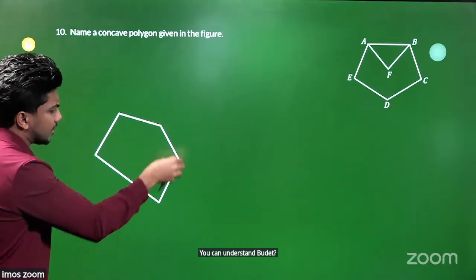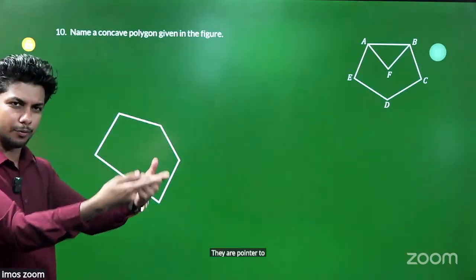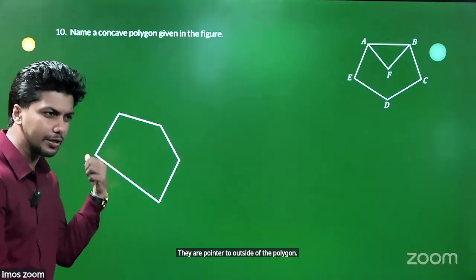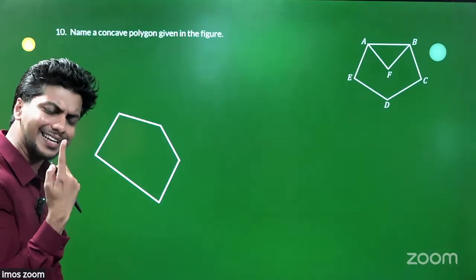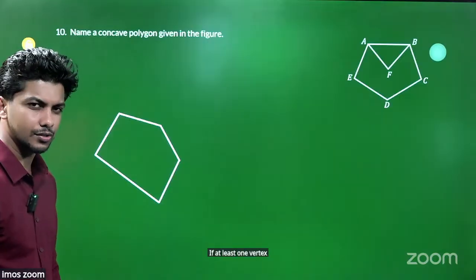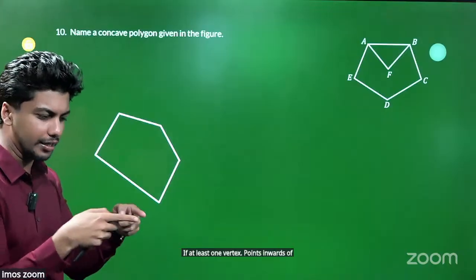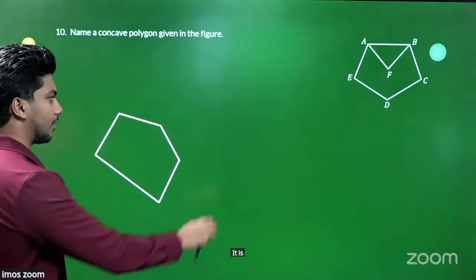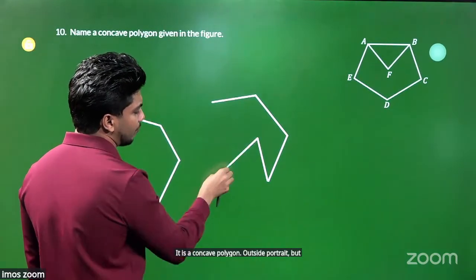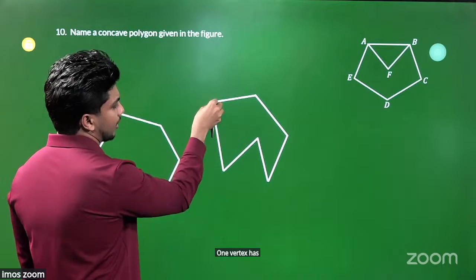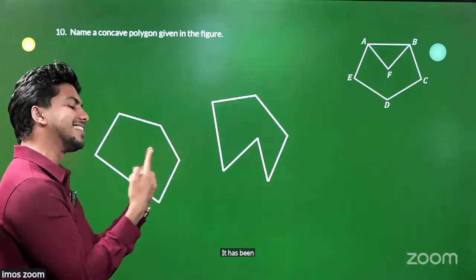All the vertices are pointed to the outside of the polygon. If so, it is a convex polygon. If at least one vertex points inwards of the polygon, it is a concave polygon. Here, all the vertices point outside, but one vertex has been pointed inside of the polygon.